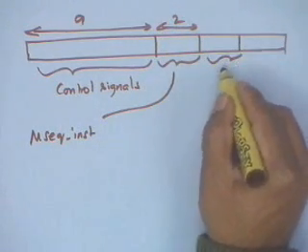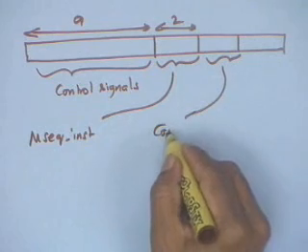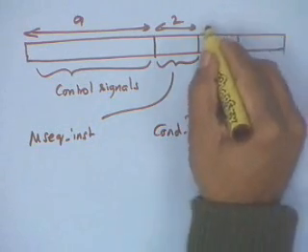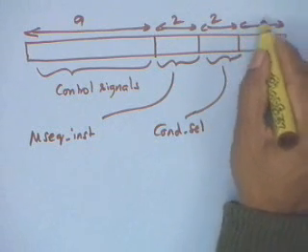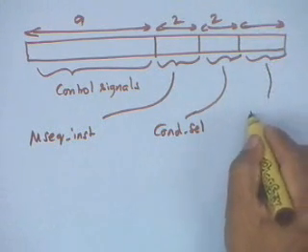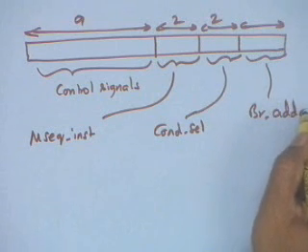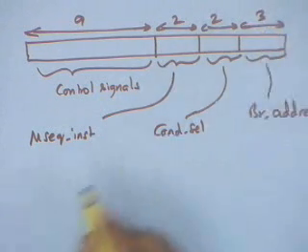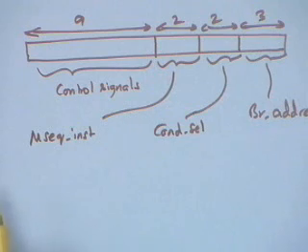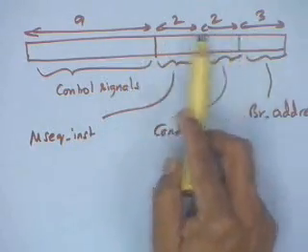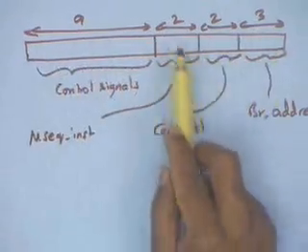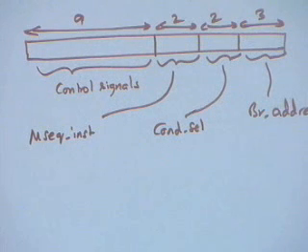I have the condition select, which also happens to be 2 bits. And I have the branch address, which happens to be 3 bits. So this is my microinstruction format. It consists of 4 components over here. And total size you can see is 16 bits that is required. 7 plus 9, 16 bits.